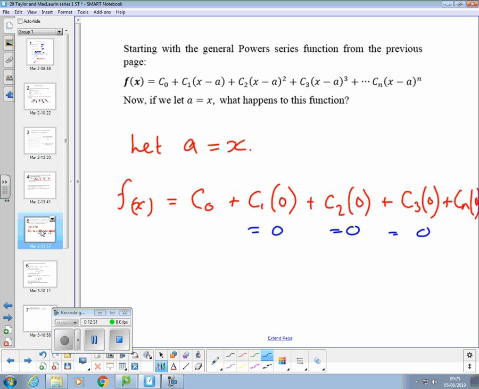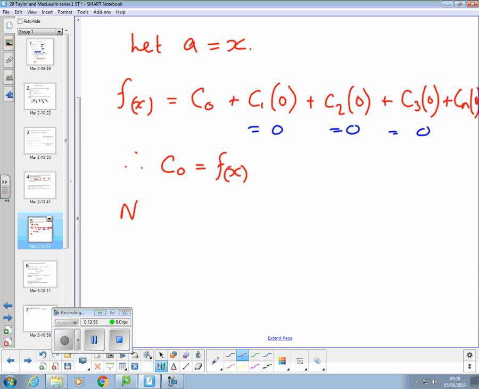So, having done that, therefore, C0 equals a function of a. Now we differentiate f of x.